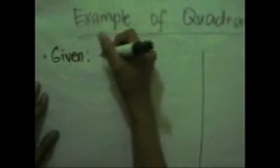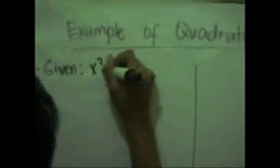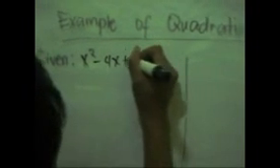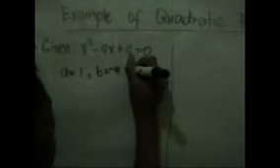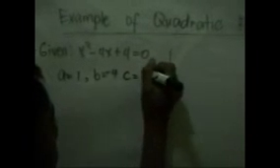And I will give you an example of a quadratic function. First, I will give you the given of the quadratic function. Now we will find the coefficients a, b, c. a is equal to 1, b is equal to negative 4, and c is equal to positive 4.